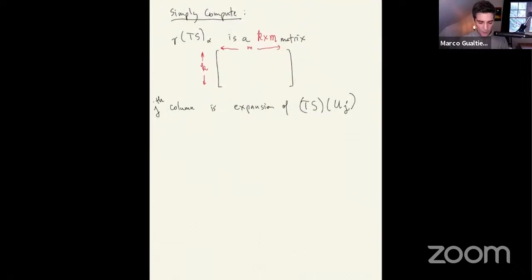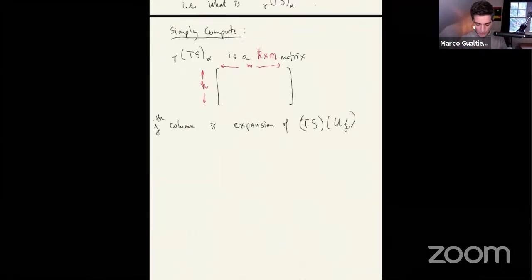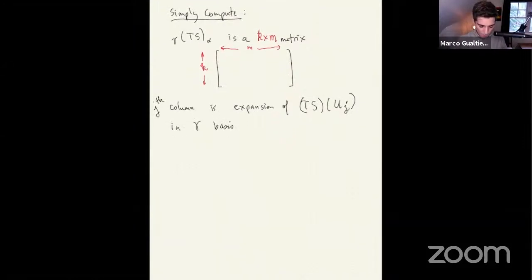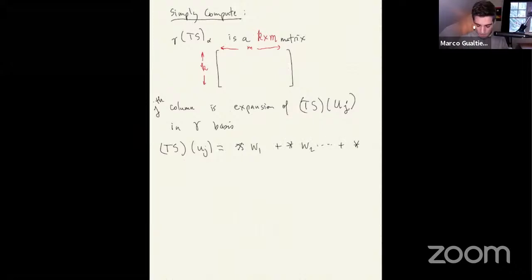So we take Uj, apply TS to it, then expand it in terms of the gamma basis, which is the W's. So we just need to take TS, apply it to Uj, and write it as something times W1 plus something times W2 plus something times WK. And these somethings will be the jth column.